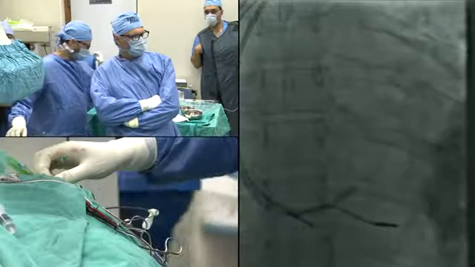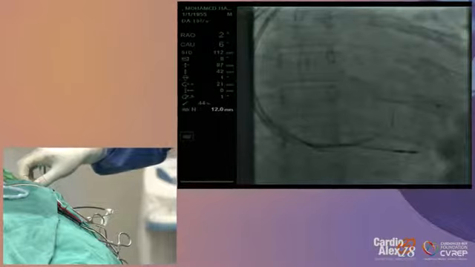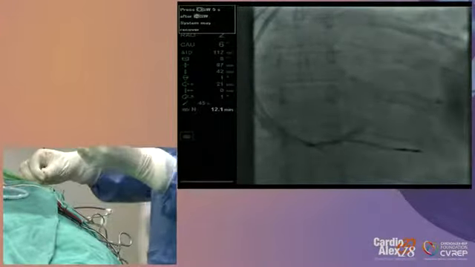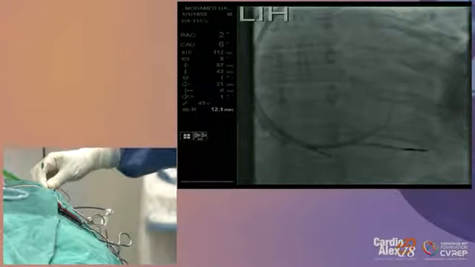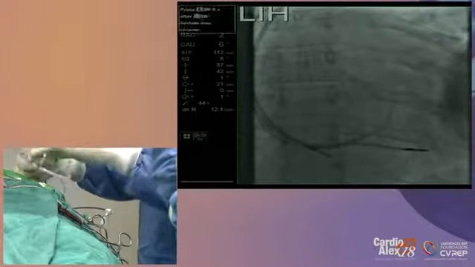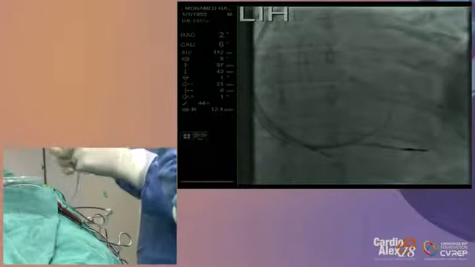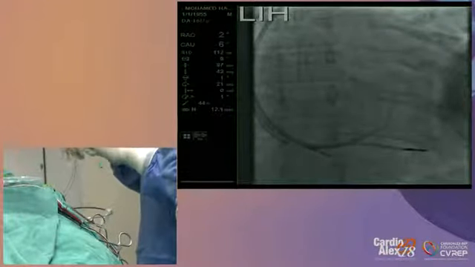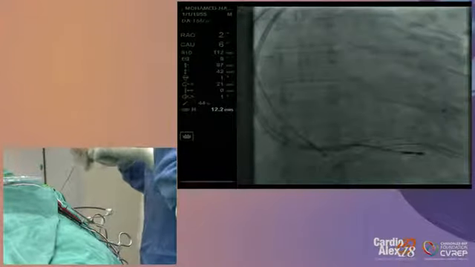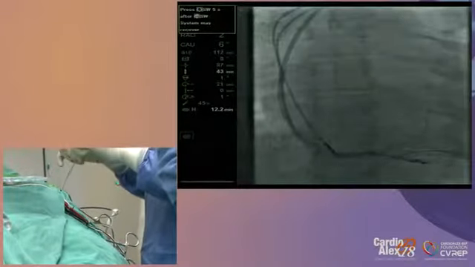I change the straight stylet into the J-shaped stylet in order to get the right atrial lead into the appendage.